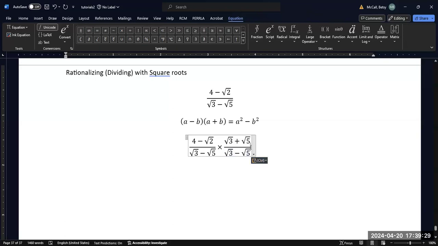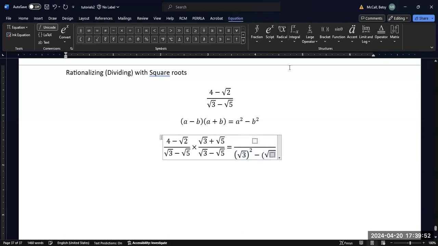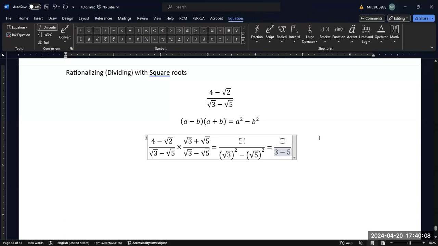Now, in the denominator, what this is going to do for us is I'm going to get, again, my a squared minus b squared. a is square root of 3, and b is the square root of 5, and I'm going to square both of those, which is going to get me square root of 3 squared is 3, and square root of 5 squared is 5.